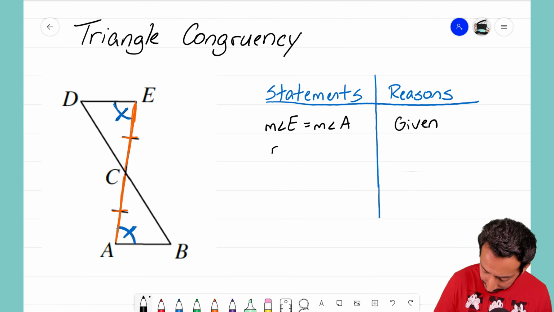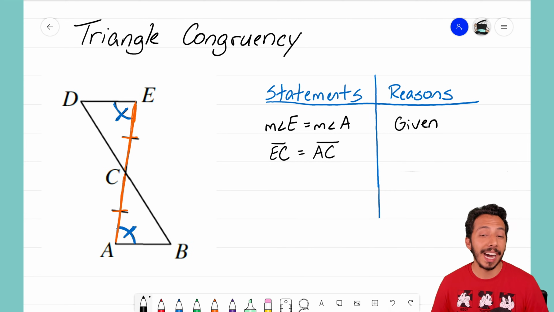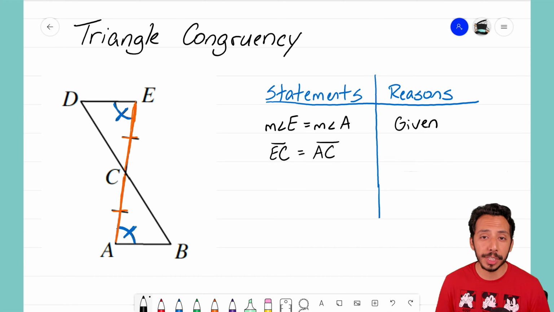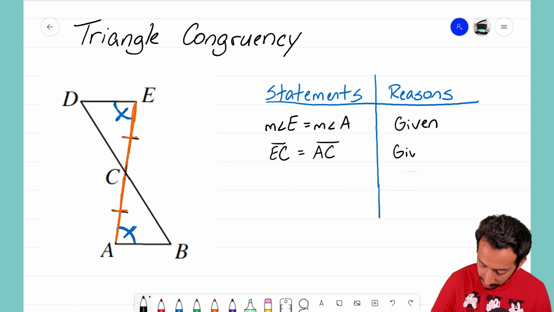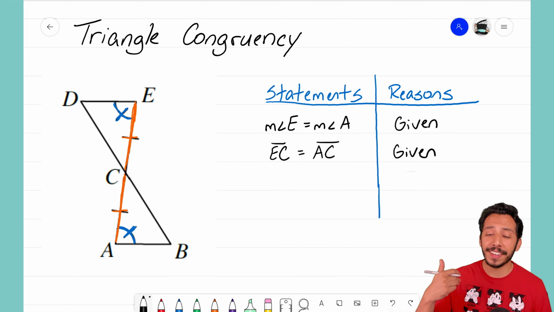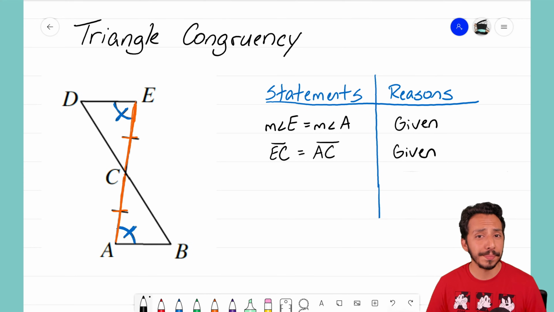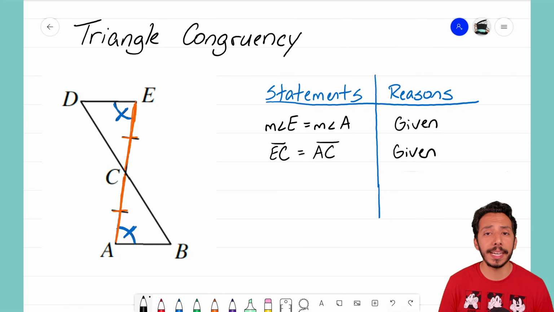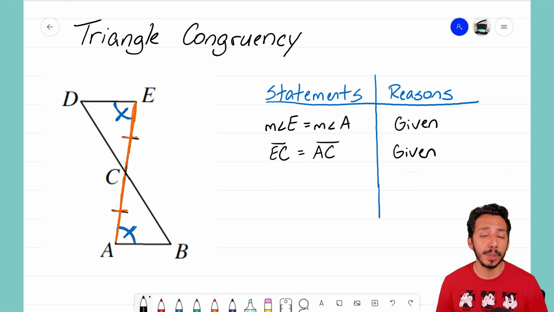So for the second statement, EC is equal to the line segment AC. Again, how do I know this information? Well, they told us that in the diagram. This information was given to us. So we're doing really good with this proof. We already have an angle and a side. All I have to do now is find another side or angle that's equal, and I know that they're congruent.